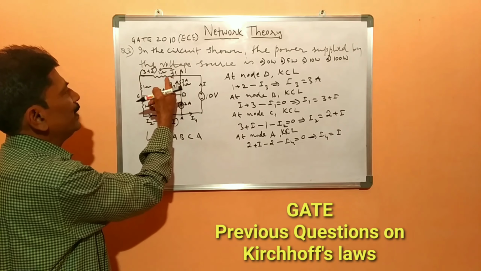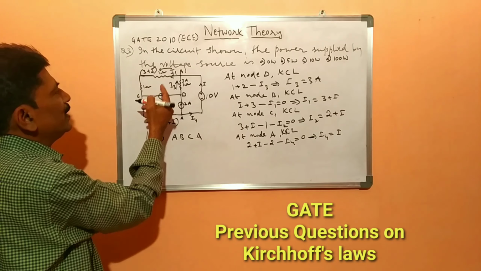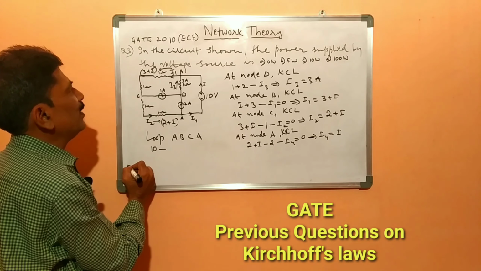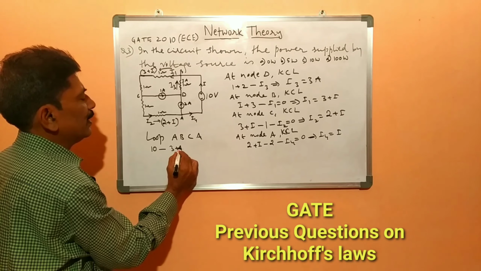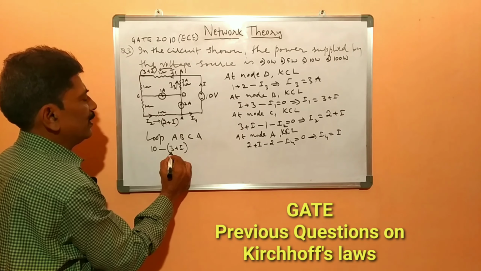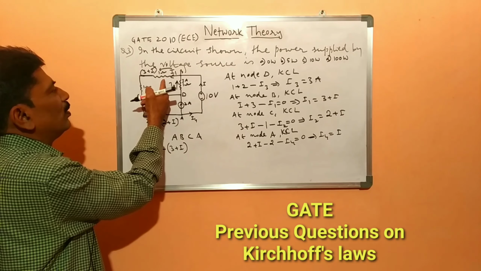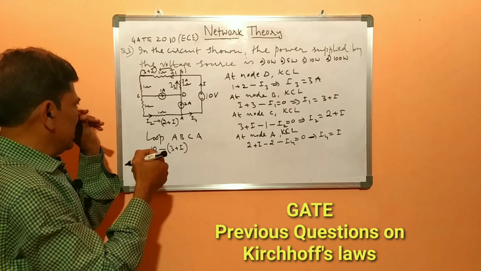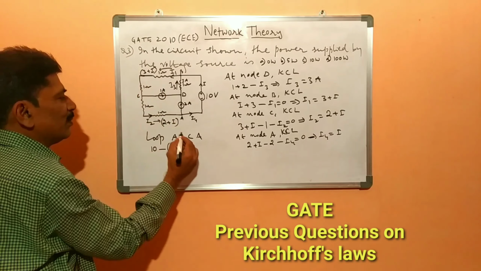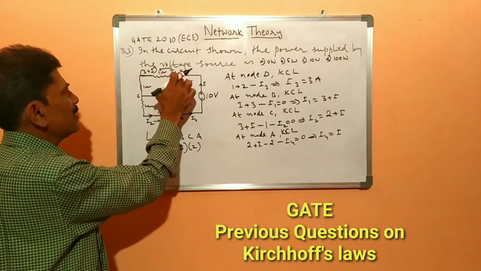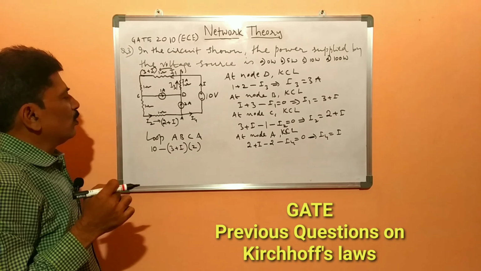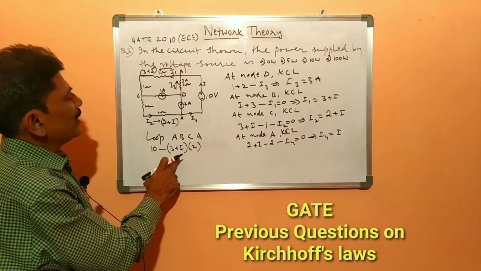And in BC, we are moving in the direction of current I1. I1 is nothing but 3 plus I. Since the resistances are in series, we can add them up and write 2. So this is the total voltage drop across B and C: minus 3 plus I into 2.